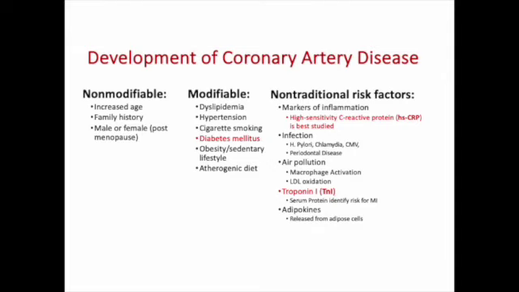Highly sensitive CRP is a protein that is mostly synthesized by your liver, and it can give us an indirect measurement of the plaque or atherosclerosis that's related to inflammation in your body. It does give us a number to trend about plaque progression.